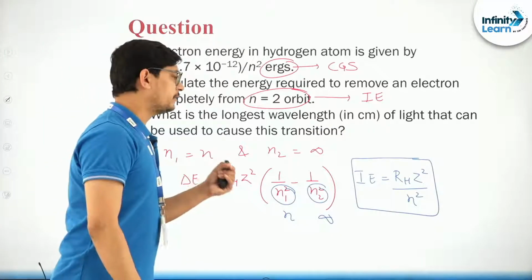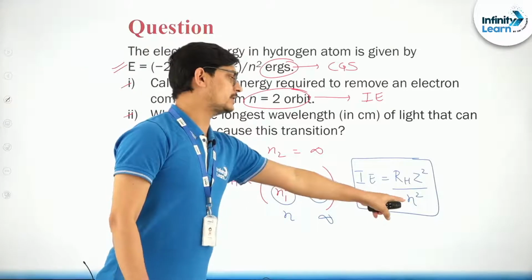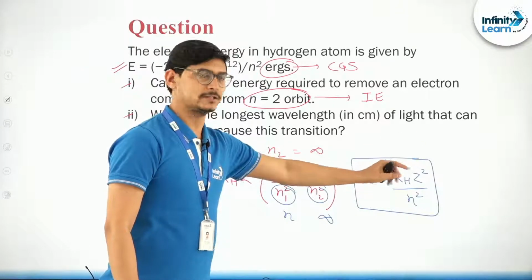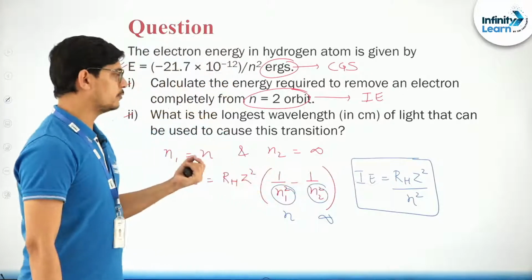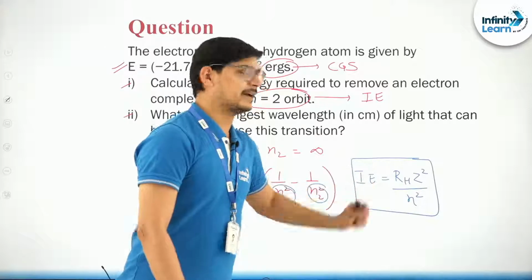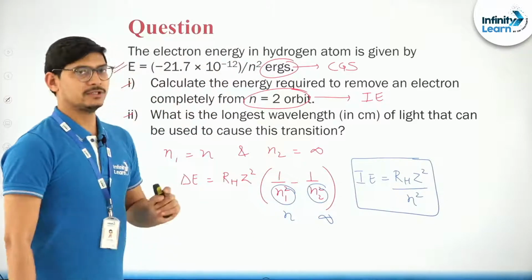So if you are taking an electron out of the atom and if the electron is initially in nth orbit, the value of n is 1, 2, 3, it could be any integer. So the energy required to remove that electron is RH Z square by N square, okay? Now if you look at this value, this is exactly equal to the electronic energy in magnitude, right?